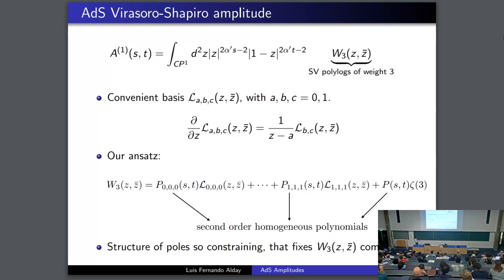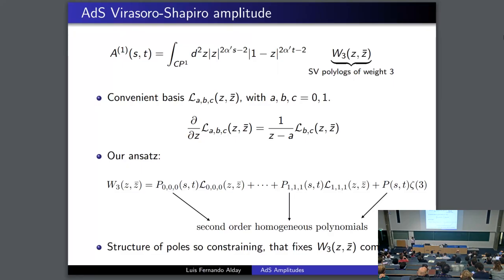They are a bit more complicated, but there are basically 8 of them, and we just add zeta 3. Why not? It's like adding some salt at the end of a recipe. And there is some very simple dependence on S and T, but the point is that the number of unknowns is very small.